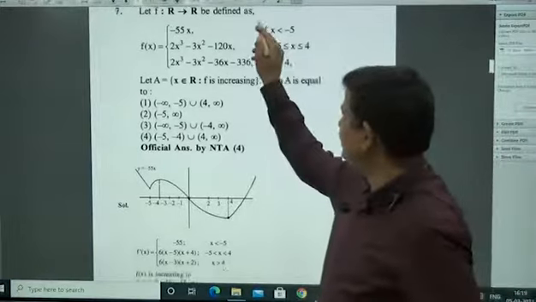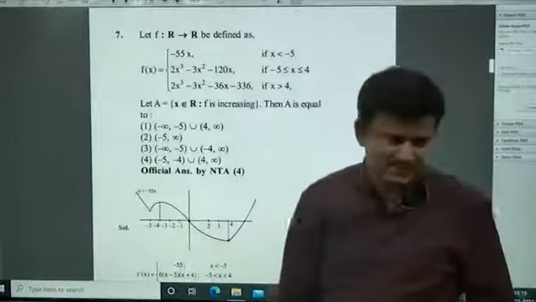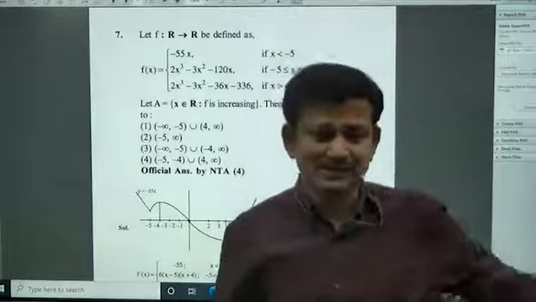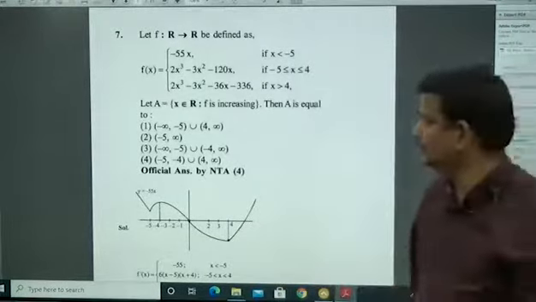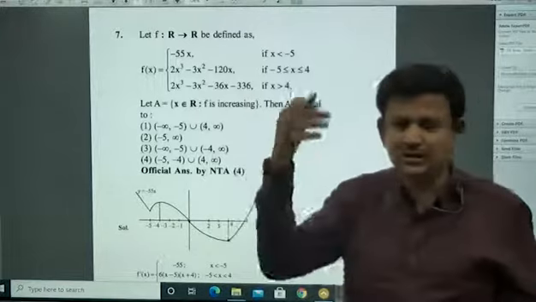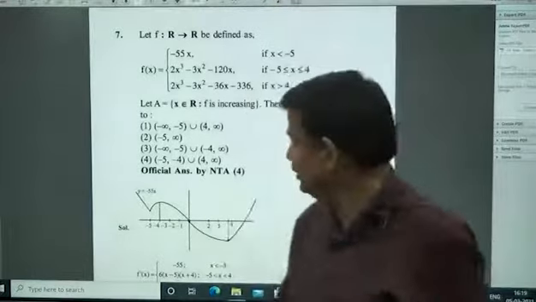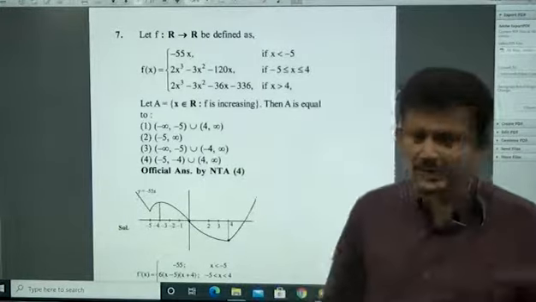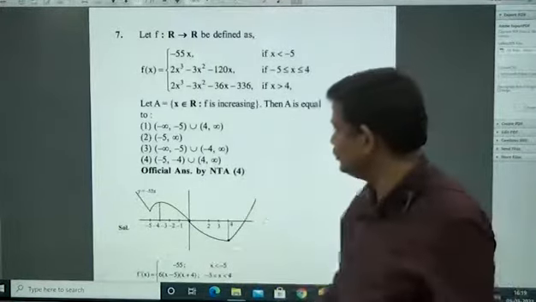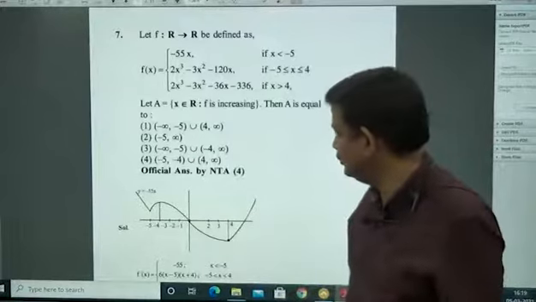This region already you know it is decreasing function. Yes or no? Minus 5x is a straight line with obtuse inclination, negative slope. So this part is a decreasing function, you need not even bother about it. We want increasing. Okay. So up to minus 5, nothing will be there as part of your answer. So 1 is ruled out, 3 is ruled out.